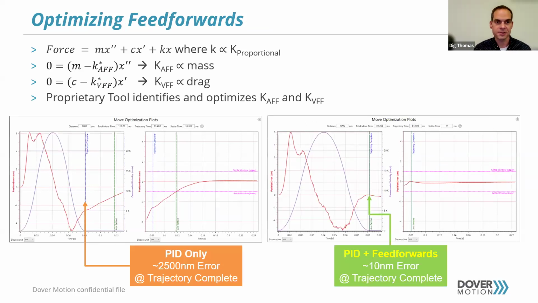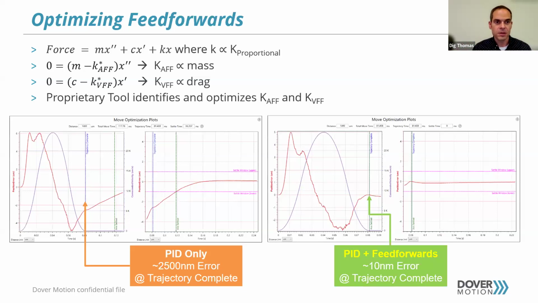Think viscous friction. If you're going fast enough, the air friction. But more realistically, what you will see in a stage is the proportional loss due to eddy currents. As you go faster and faster, you get that drag from the eddy currents themselves.